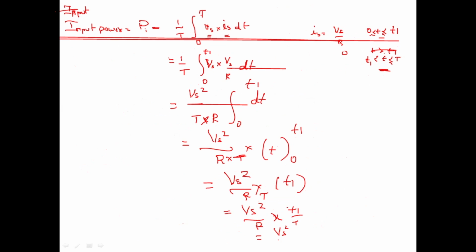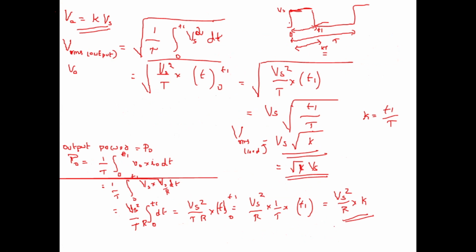Vs squared by R into k. Okay, Vs squared by R into k. So this is my Pi, input power.